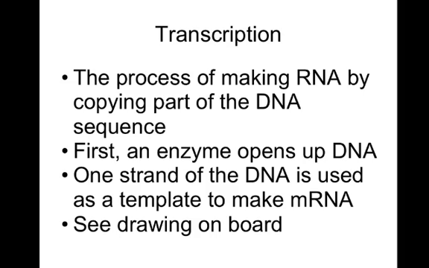So an enzyme opens up the DNA, and one strand of the DNA is used as a template to make the messenger RNA. We'll see an example of this later. It says see a drawing on the board, but we'll go over this in a later slide. Just know that in transcription, basically you are writing a copy of the DNA.